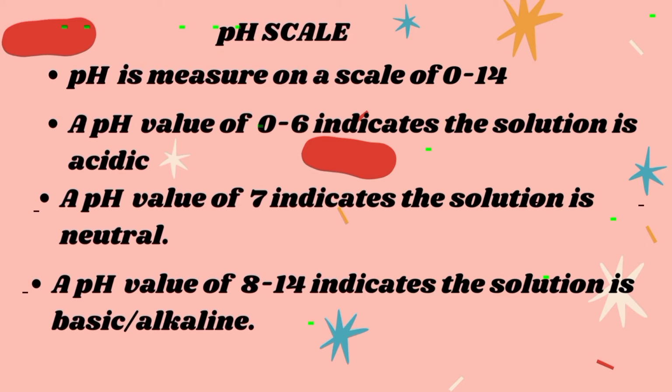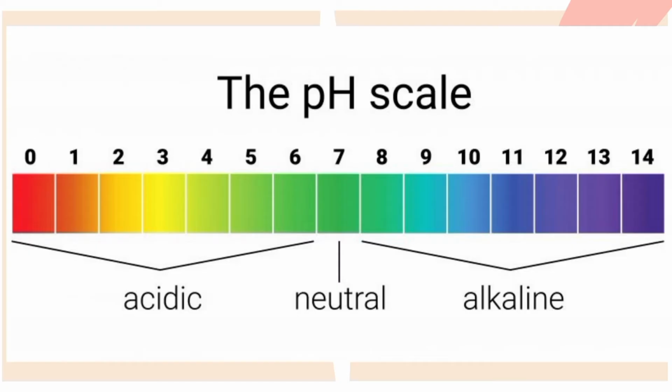Note that acidity increases with decreasing pH value, while alkalinity increases with increasing pH value. So here's a picture of how the pH scale looks. Like I said earlier, a pH value of 0 to 6 indicates that the solution is acidic, while a pH value of 7 indicates that the solution is neutral.